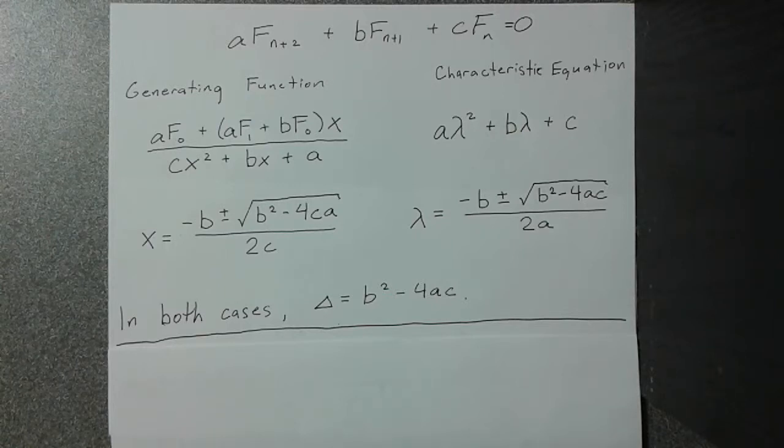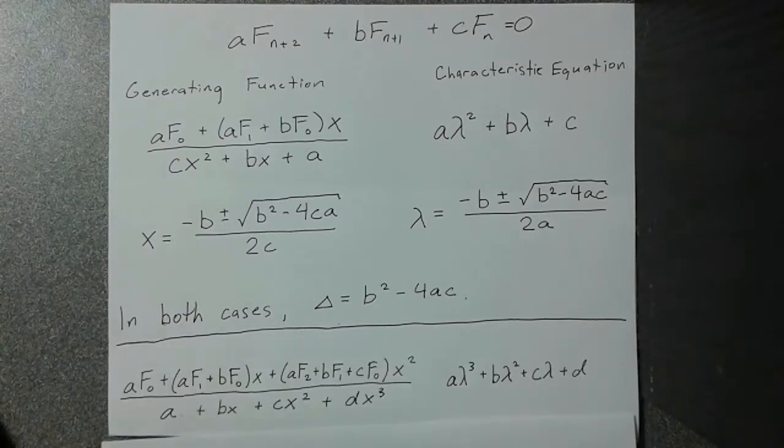It's either 5 or 6. There's no equation to solve for the roots. And so can we still say that these two cases are the same when the generating function has a repeated root in the denominator, and when the characteristic equation has a repeated root?